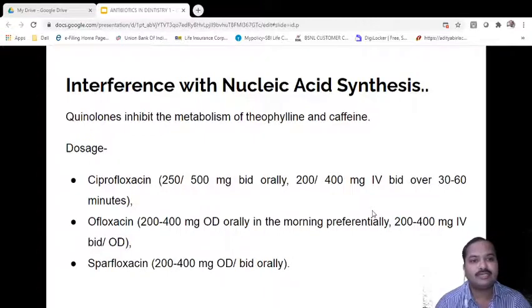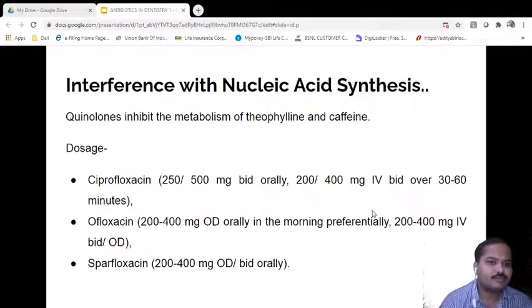Now quinolones inhibit the metabolism of theophylline and caffeine. Usually antacids and zinc containing multivitamins or iron containing preparations may substantially interfere with the absorption of ciprofloxacin. So ciprofloxacin has a certain amount of interaction with various commonly taken drugs like multivitamins, antacids, iron preparations.